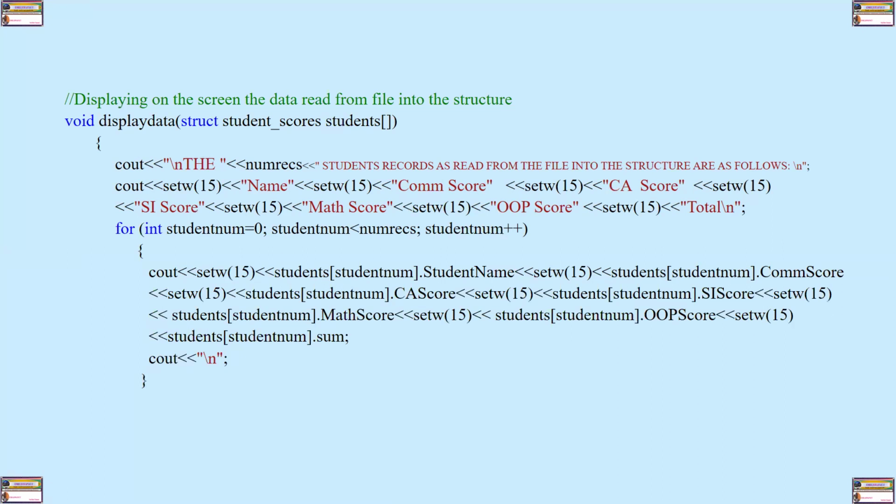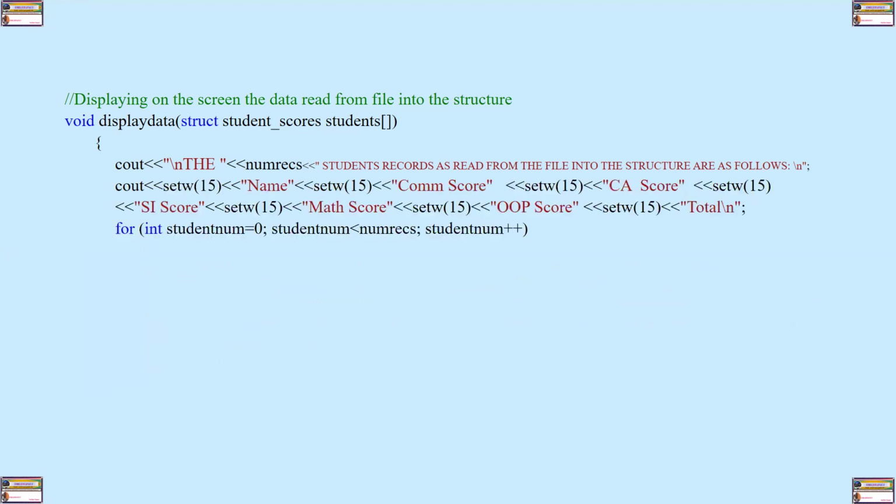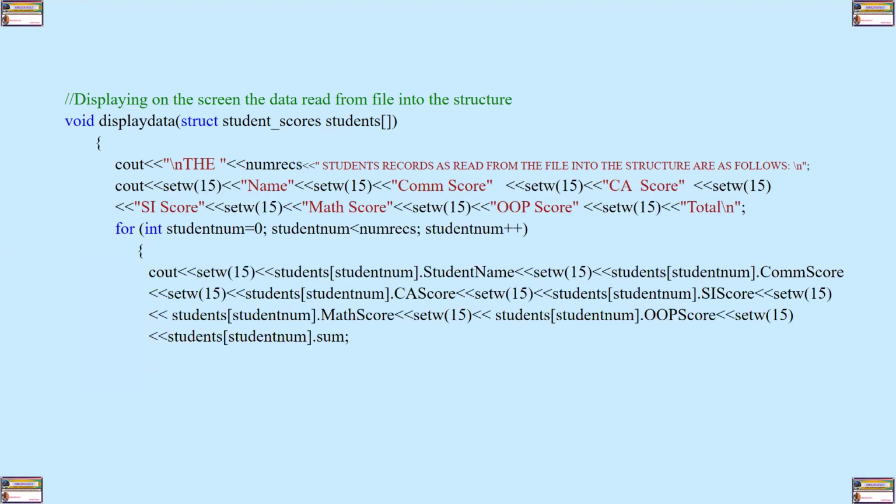And then once this statement is satisfied, the processing will complete. In other words, this function is writing out the content of the structure to the screen and formatting it, as you can see, using the setw function, which is defined under the iomanip file.